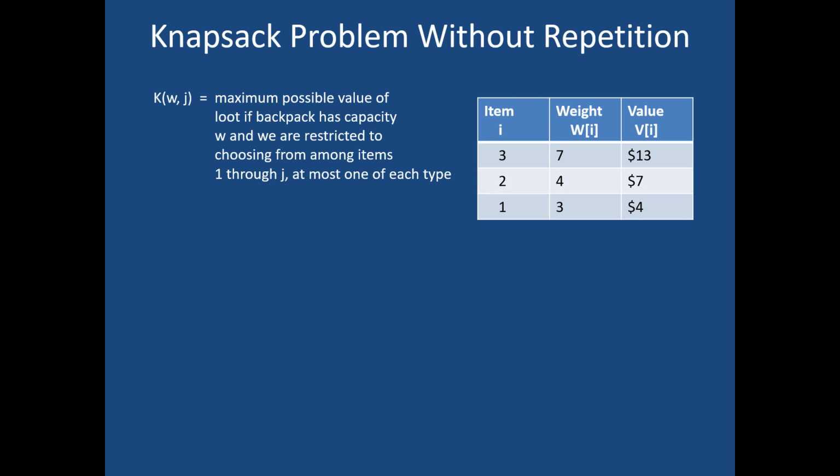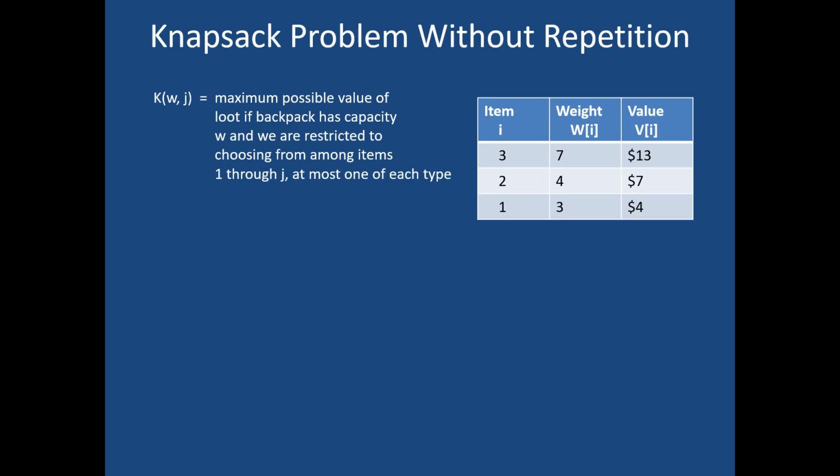Why doesn't just k of w work anymore? Why can't we define k of w as the best you can do with a knapsack of size w, and define it in terms of simpler k of w's? Because all of the recursions depend on previous choices you made. Another way to put that is we've got to keep track of whether we've taken an item 3 or an item 2 or an item 1.